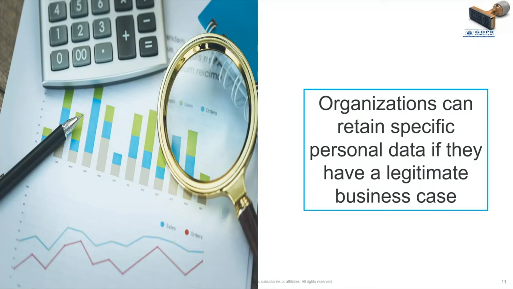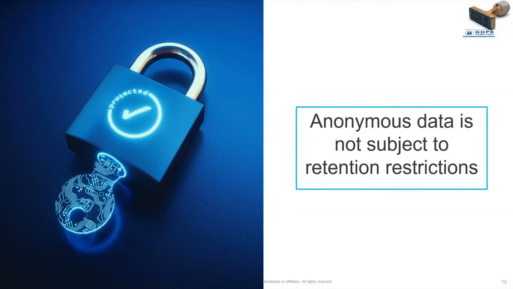Instead, many corporations are opting to anonymize historical data after it has passed its legitimate retention period. Now, under GDPR, anonymous data is not subject to retention restrictions. If personal data is anonymized to the extent that an individual cannot be identified, then it is no longer subject to GDPR and can be retained.